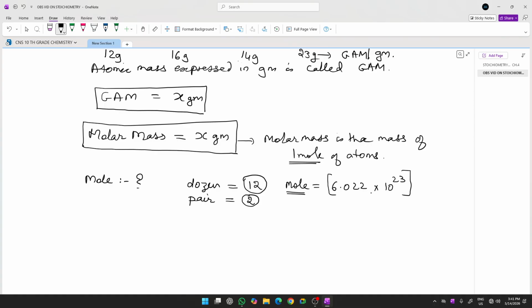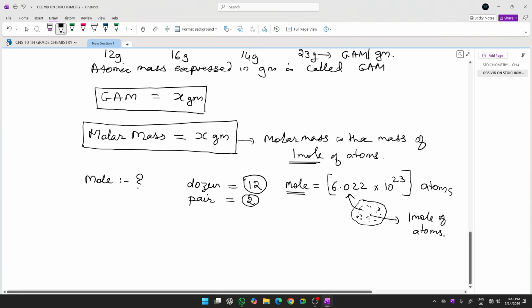These particles are so small that if you take 6.022 into 10 raised to 23 atoms, that bunch, suppose this is a container which contains 6.022 into 10 raised to 23 atoms, then this quantity is known as 1 mole of atoms, right?